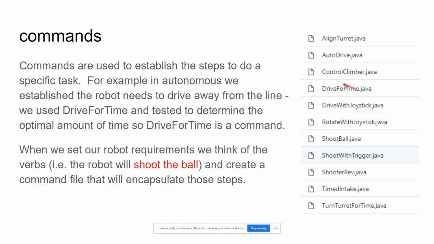So we would create a file called pickup gear and another file called deliver gear. And those commands would be run. So if the driver pressed this button, that means that it's delivering the gear. And sometimes it's not based on the driver, it's based on, oh, the sensor indicates that we're in position to deliver the gear, so it will run that code. So that's kind of how we structure things.